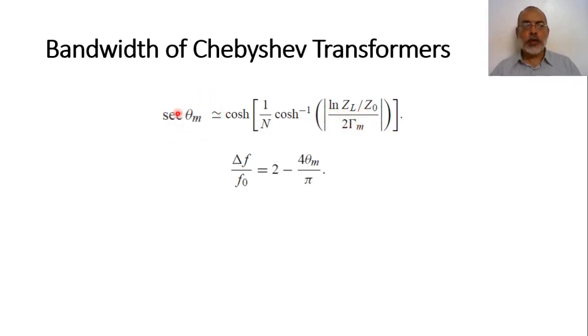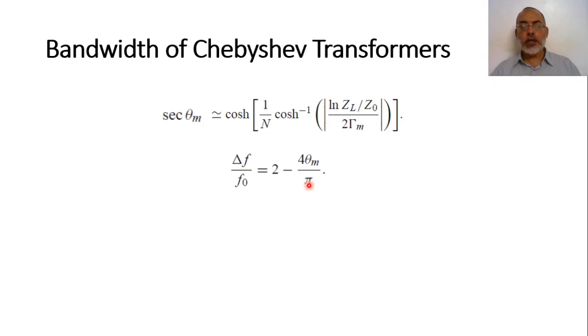Once we obtain the value of theta maximum, we can obtain the fractional bandwidth of the corresponding Chebyshev transformer as delta f over f naught equals 2 minus 4 theta maximum over pi. Okay? Till now, we have determined the value of A and the value of theta maximum.